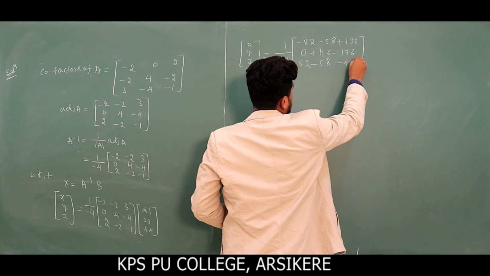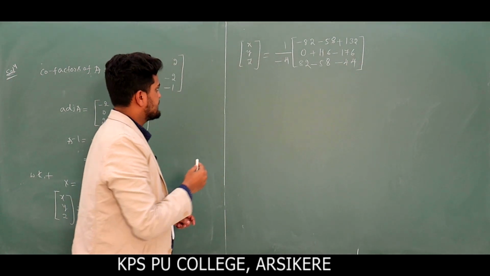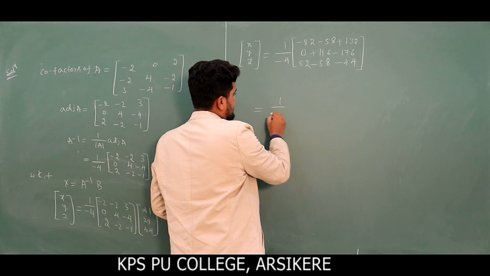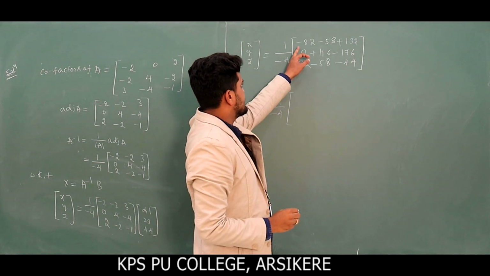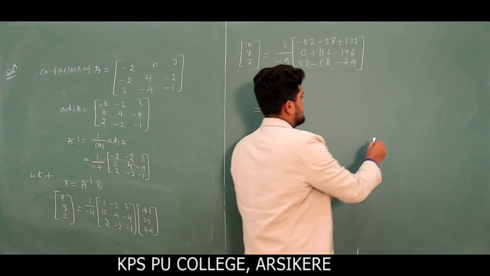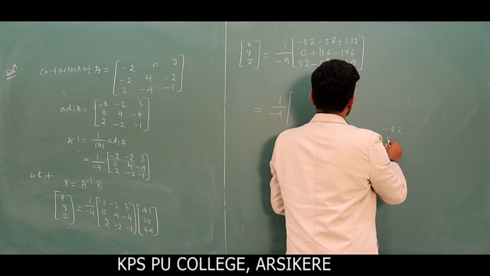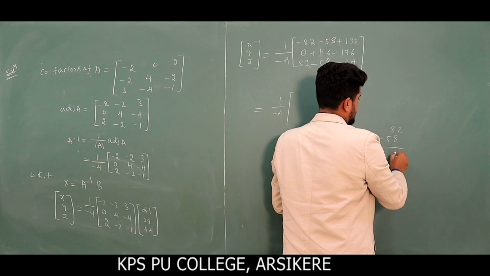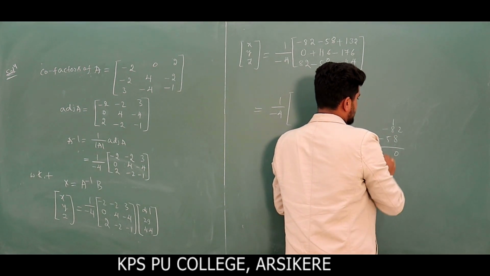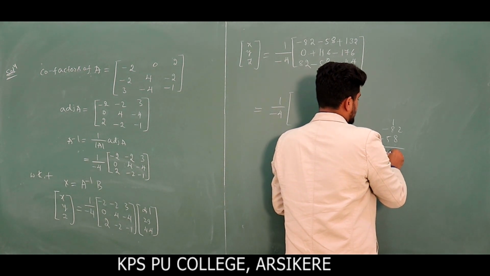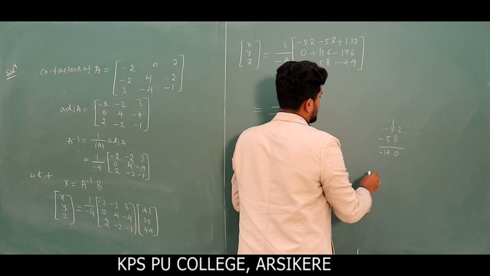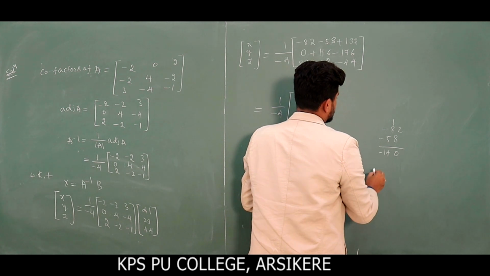Minus 44. So 1 divided by minus 4. You can see here minus 82 minus 58, so minus 140, plus 132, so minus 8.